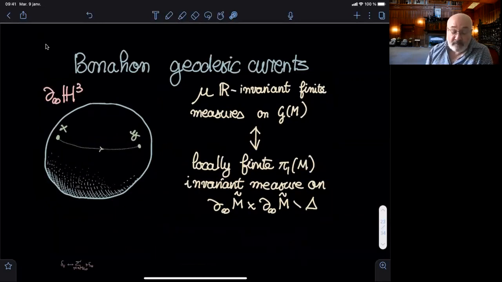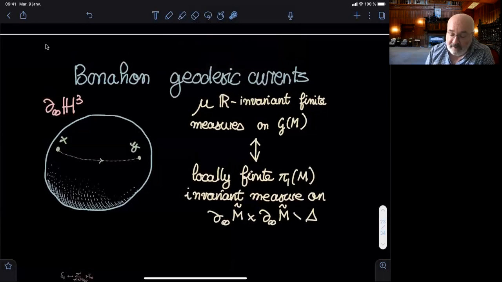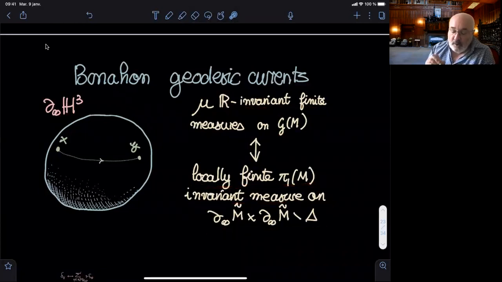Oh, I need some last stuff, and maybe I need to hurry a little bit. There is yet another interpretation of what an invariant finite measure on G of M is. It's related to what is called a Bonahon current. So what is a Bonahon current?